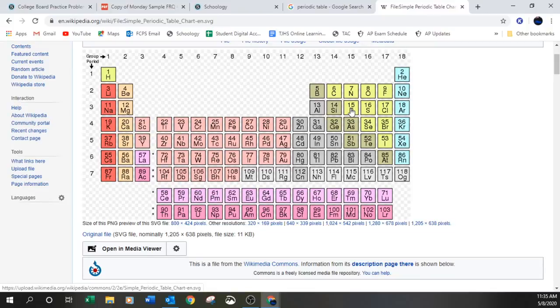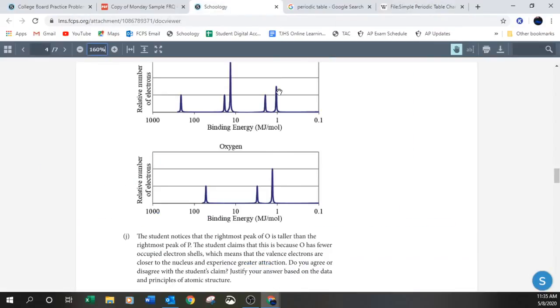No. Phosphorus is further to the left because it has only 3 valence electrons, whereas oxygen has 4. Therefore, phosphorus's peak is going to show up as lower because this is representing 1, 2, 3 electrons as opposed to 1, 2, 3, 4 electrons. Okay, so big thing to take away from that one: location is not justification.